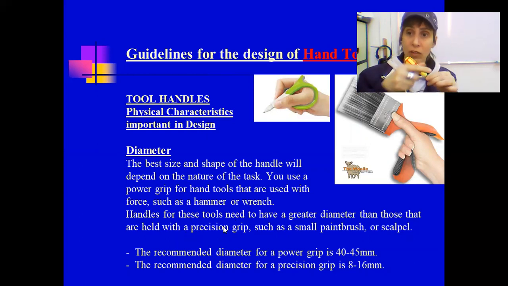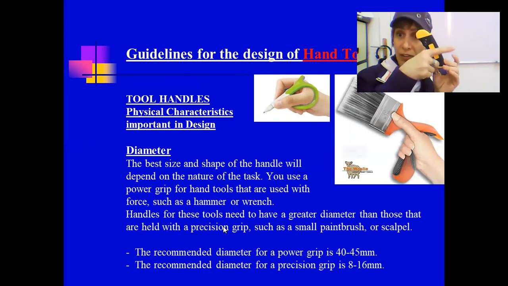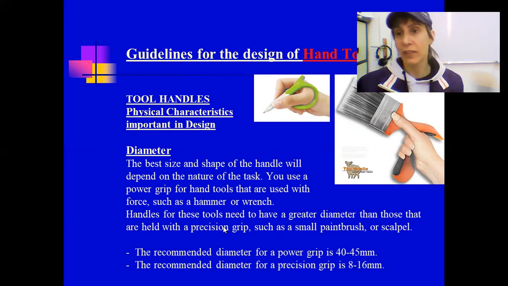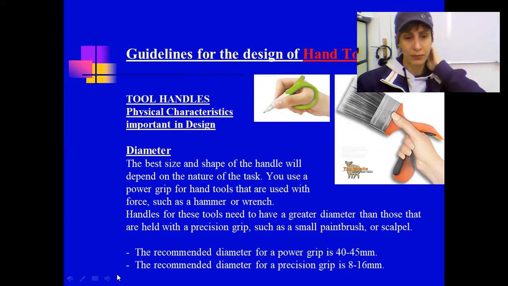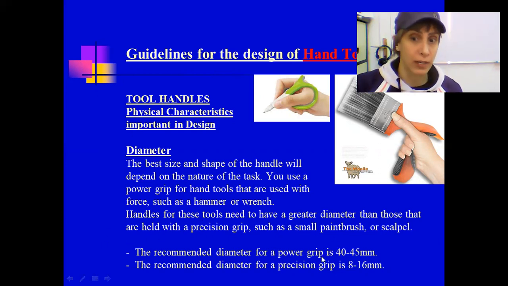Imagine I'm writing with this. It's a little bit uncomfortable. Imagine you're writing with this. This kind of diameter is not comfortable. So, the recommended diameter for power grips is 40 to 45 millimeter, so 4 centimeter up to 4.5 centimeter.